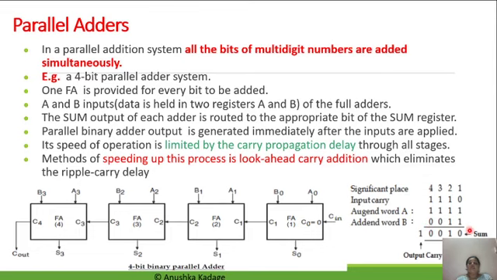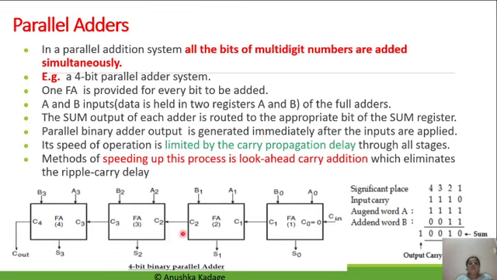That means along with the two input registers, another register named sum has to exist, and that sum register is going to take all the addition values which are done in parallel. In the parallel binary adder, the output will be generated immediately after we provide the inputs.